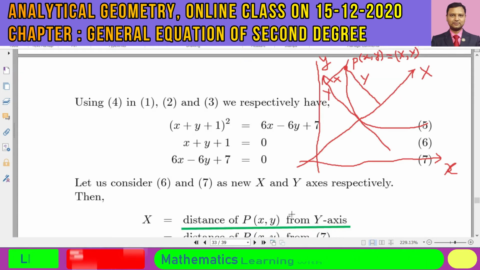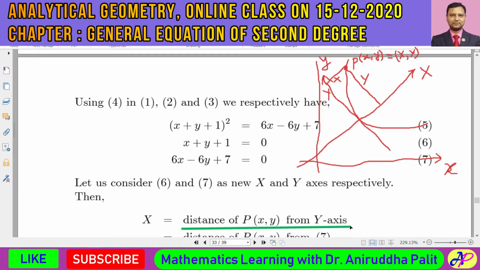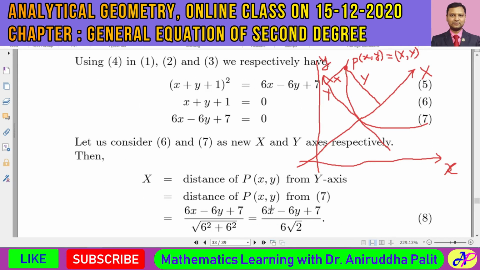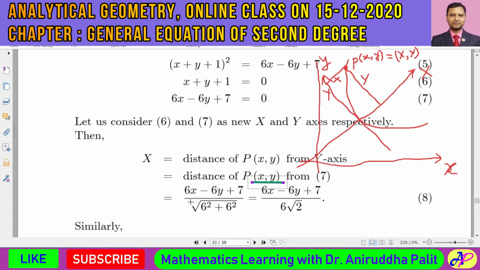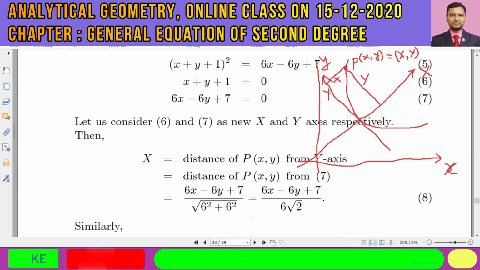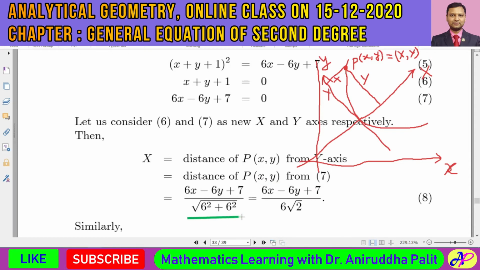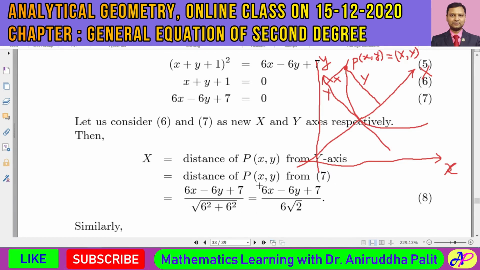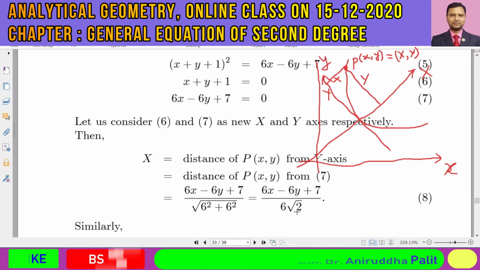So over here, capital X is equal to the perpendicular distance from the Y axis, and we know how to compute the perpendicular distance of this kind of point x comma y from equation number 7. This is 6x minus 6y plus 7 divided by root over of 6 square plus 6 square again. So this would be the expression of capital X. And remember, over here, do not cancel any factor from numerator and denominator.